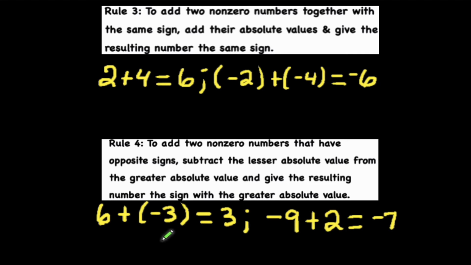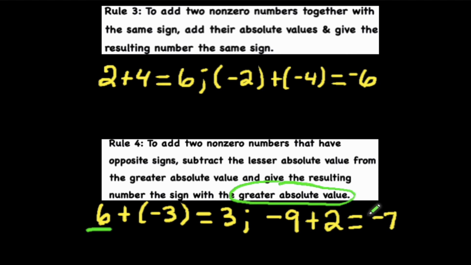All right, so 6 minus 3 is equal to 3. And notice it's positive 3. And the reason why it is a positive 3 is because our greater absolute value is 6. Okay? Now, take a look at negative 9 plus 2.